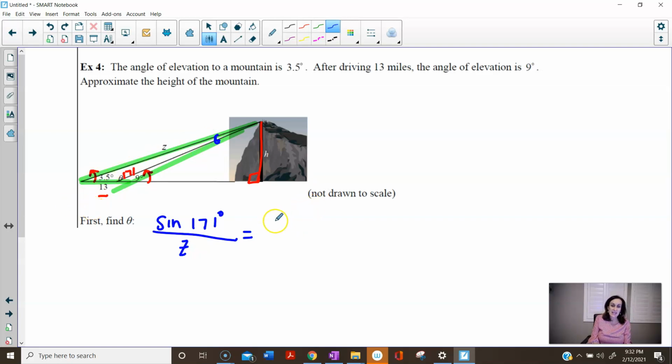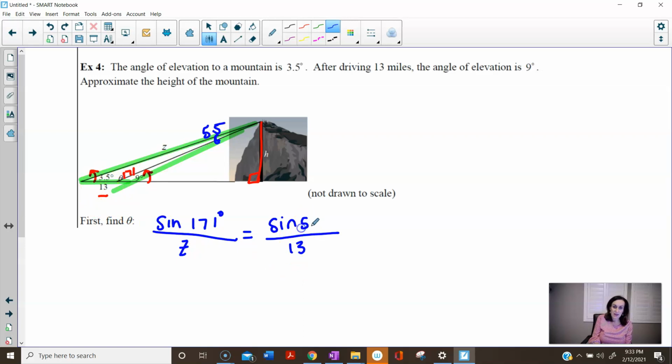Then I could say the sine of whatever this angle is, over 13. So how do you find this angle? You take 180 and subtract 171, and then subtract 3.5, and that gives me 5.5. So this angle up here is 5.5, and across from it is 13.